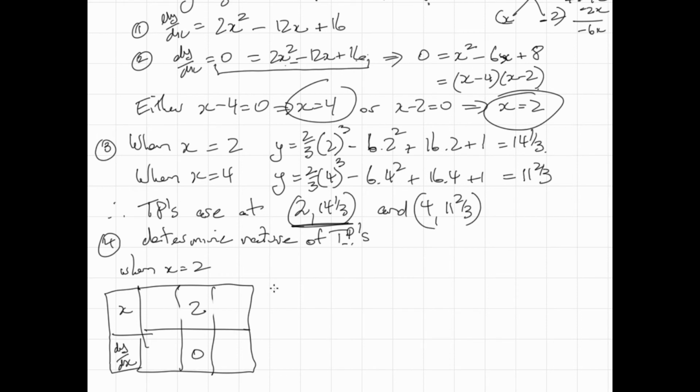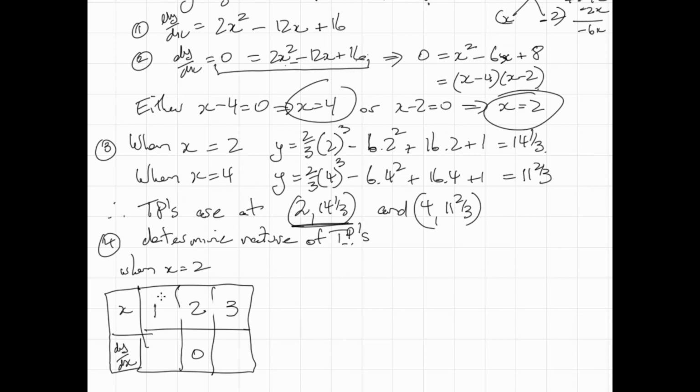We want to see what's happening with dy dx on either side of x equals 2. Now how do we know values? We can just choose some random values, but not wildly random, because we've got to be aware that we've got 4 here, another turning point. So if we pick values on either side, we could go x equals 1 and x equals 3.